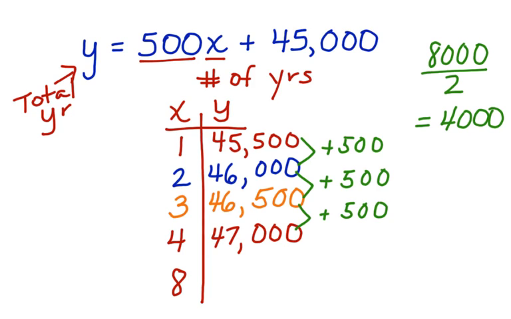Given that, we can take the 4,000, add it to the 45,000, and we will end up with $49,000.